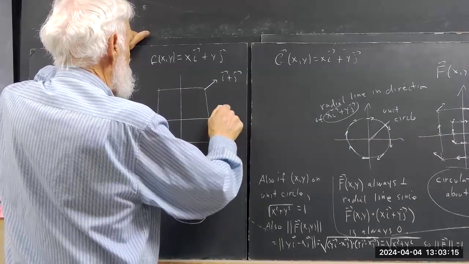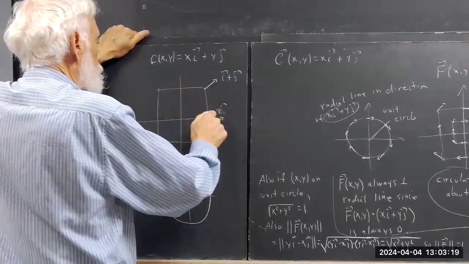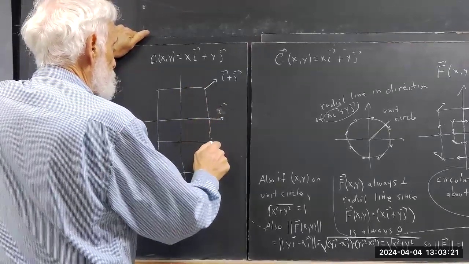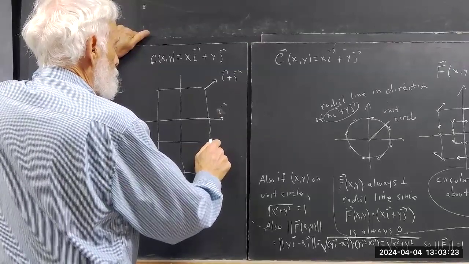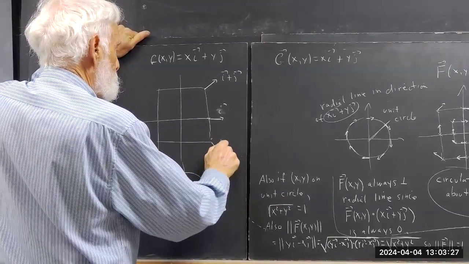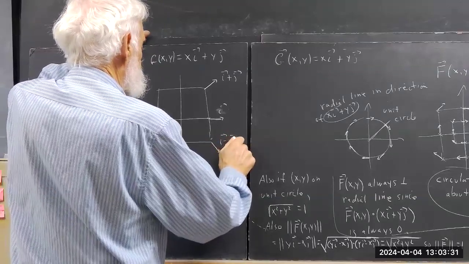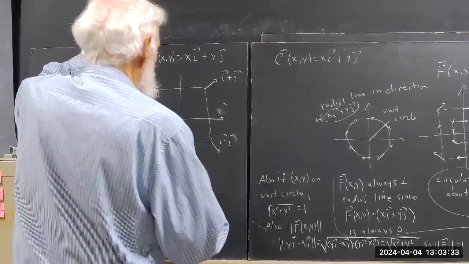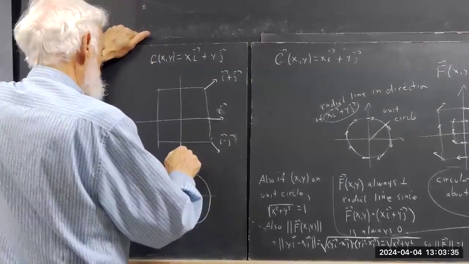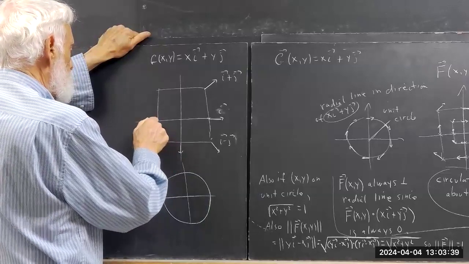If we have the point 1, -1, then we have 1 this way, -1 this way, so that'd be i minus j. And if you continue around here, it's going to look like this.